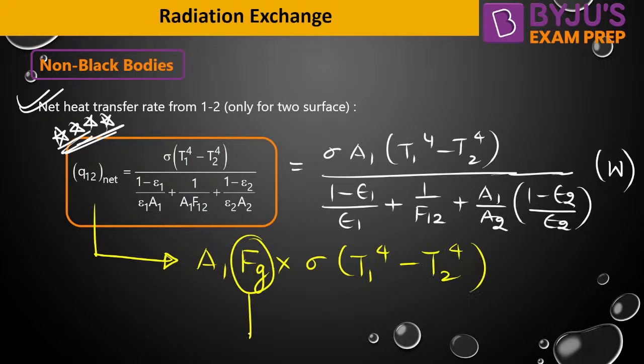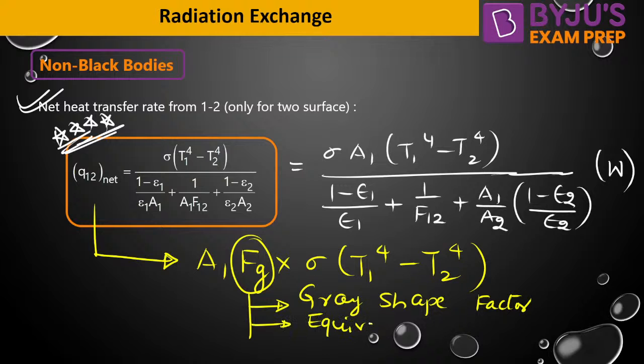This Fg is called the gray shape factor, or we can also call it equivalent emissivity, or interchange factor.